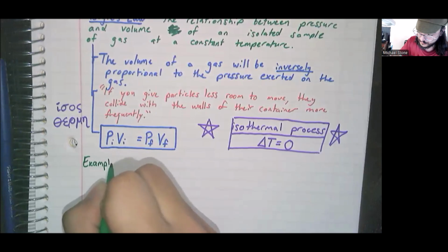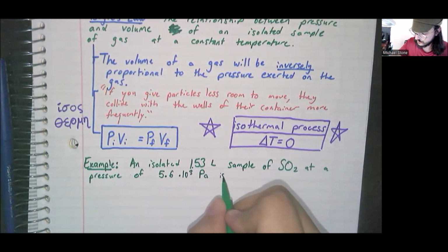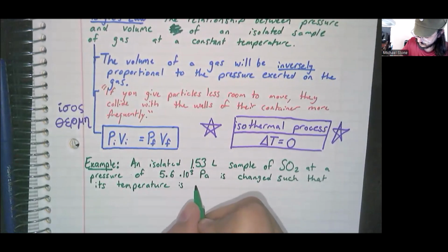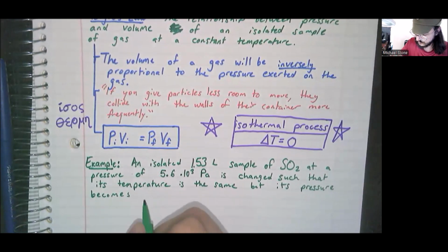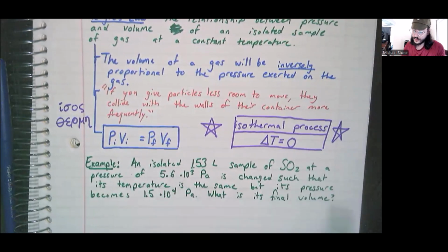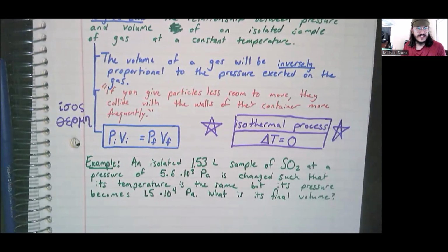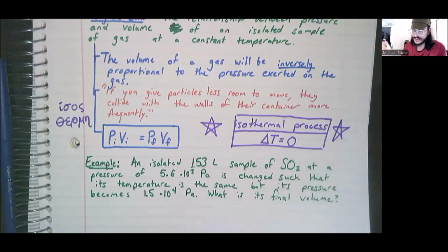For example, an isolated 1.53 liter sample of sulfur dioxide, that's the gas that comes out of volcanoes and car exhaust. It's also the stuff that keeps reacting with the clouds on Venus to cause acid rain.